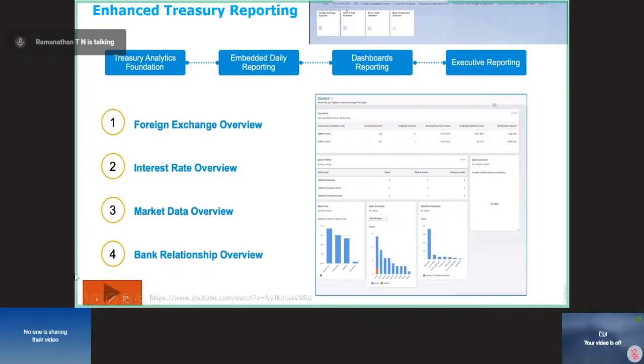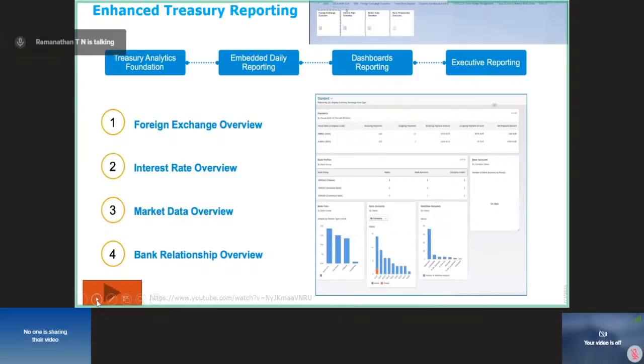A similar structure is what I'm trying to show you here, where for treasury also, SAP provides you Fiori applications which are embedded in nature, with embedded analytics, which provides you effective information for timely decisions. An example is, as the slide gives you, bank fees as an information.